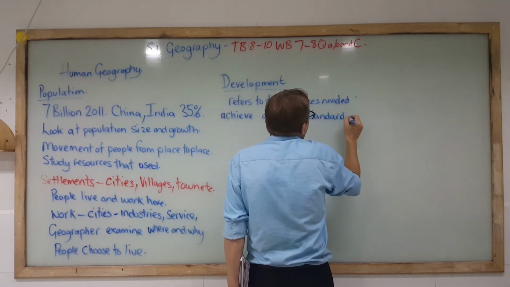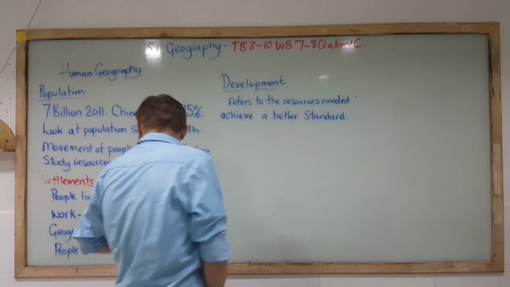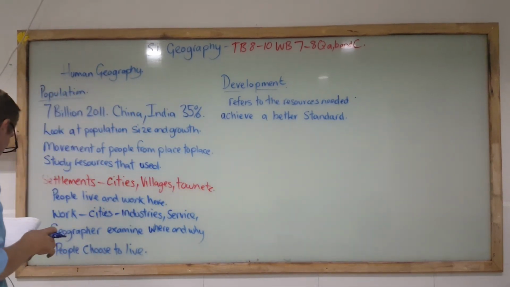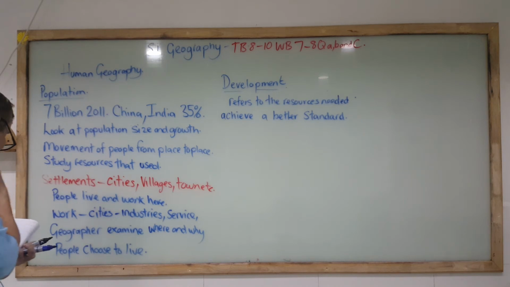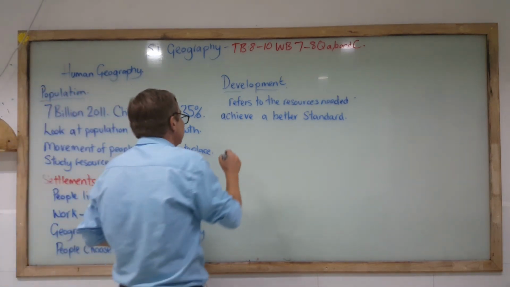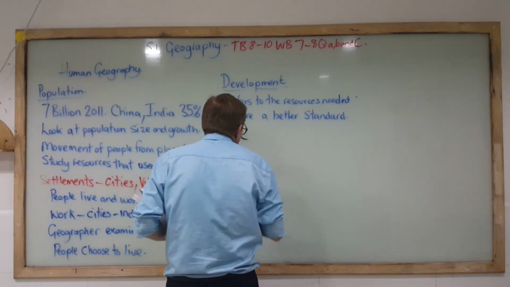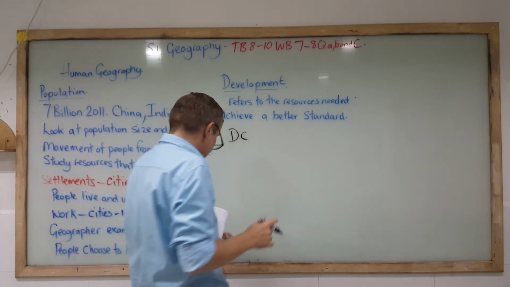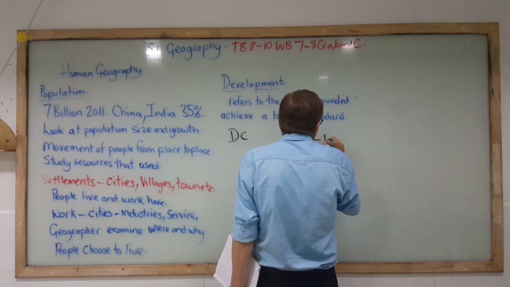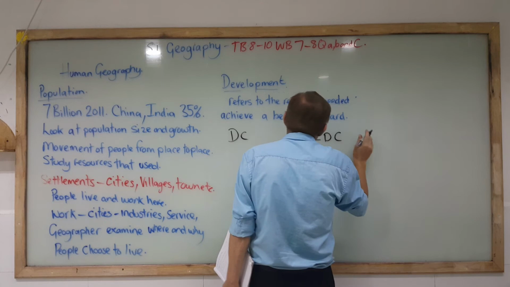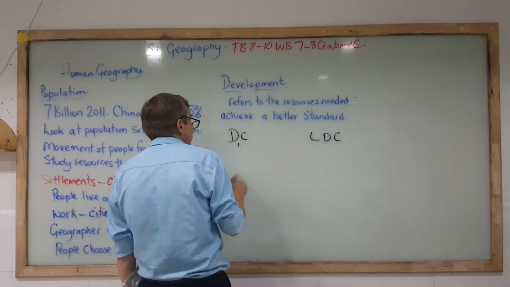Yeah. So people, let's say, in developed countries, we'll use that as a DC. So DC will be developed countries. LDC would be less developed countries. So developed countries, we'll say the West.